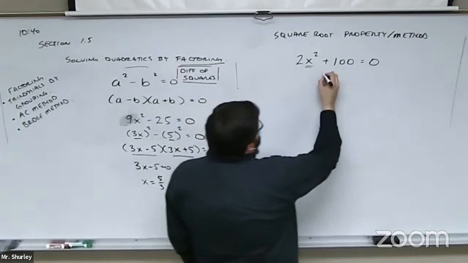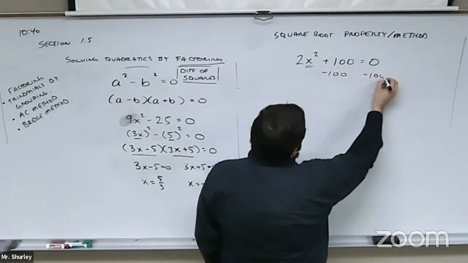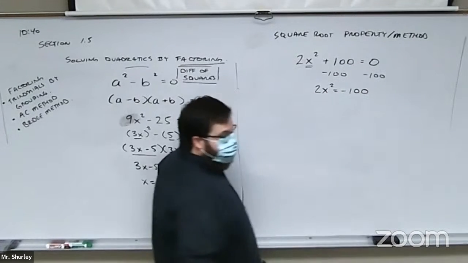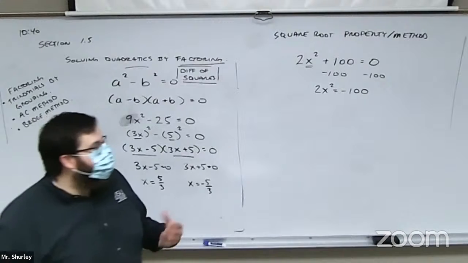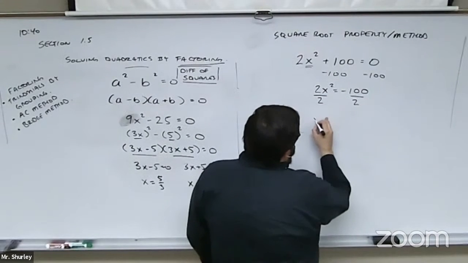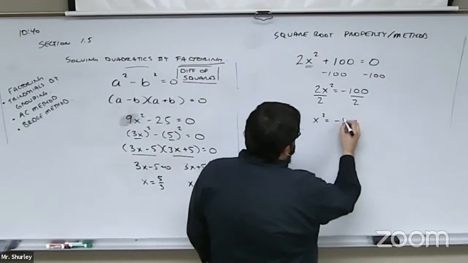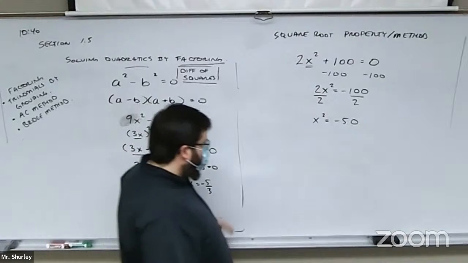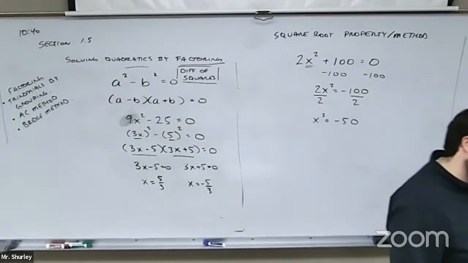So I'm going to subtract the 100. I get 2x squared equals negative 100, right? And then I'm going to divide both sides by 2. I get x squared equals negative 50.